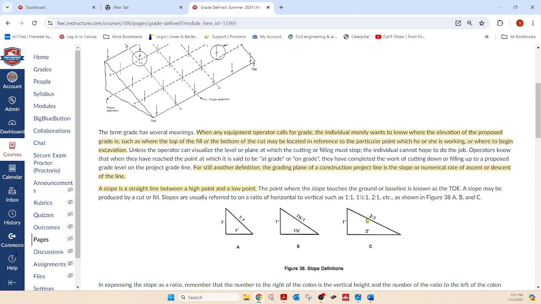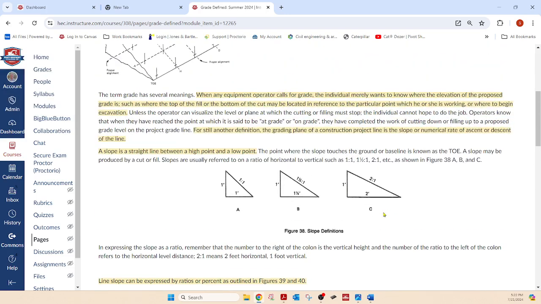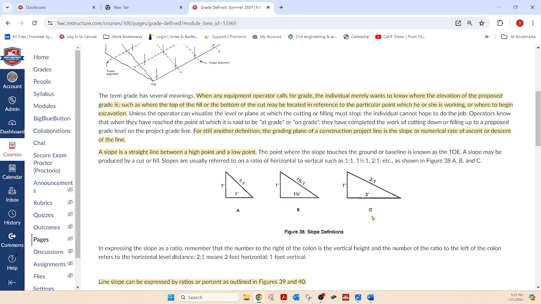you would take this 2, multiply it by the vertical, and it would give you the 2. This is just a circular problem here, but to calculate the slope, you take the vertical and the horizontal distance.